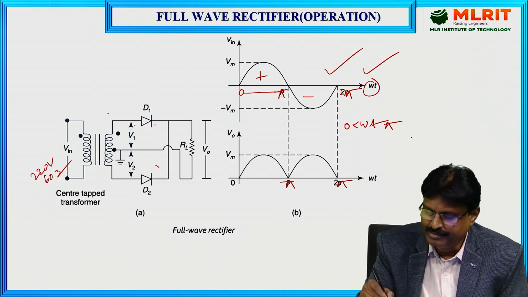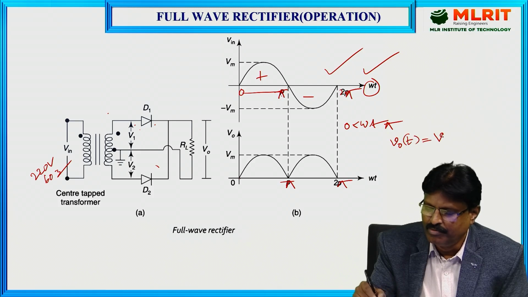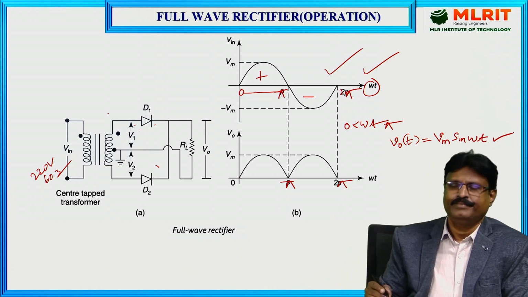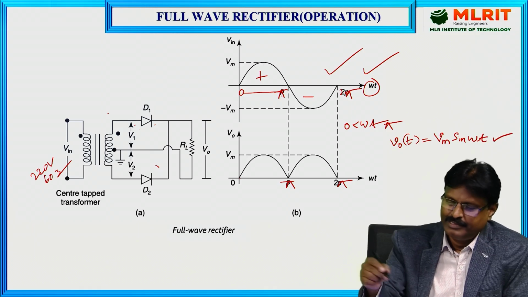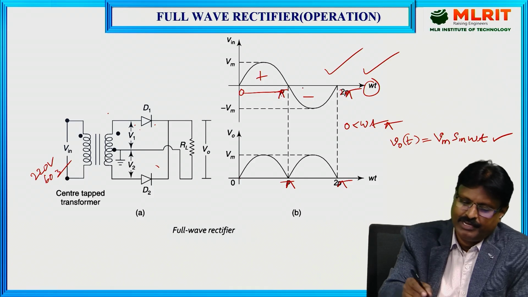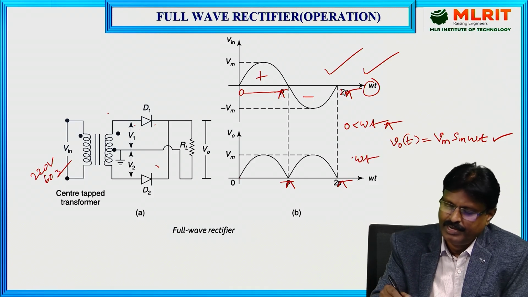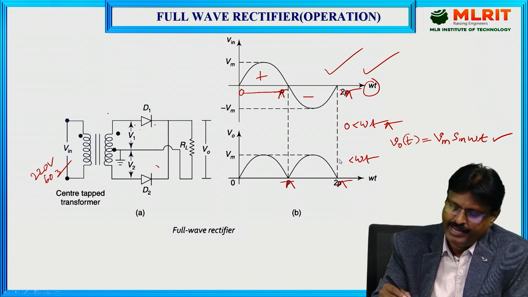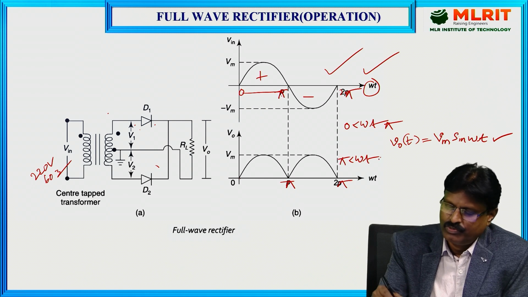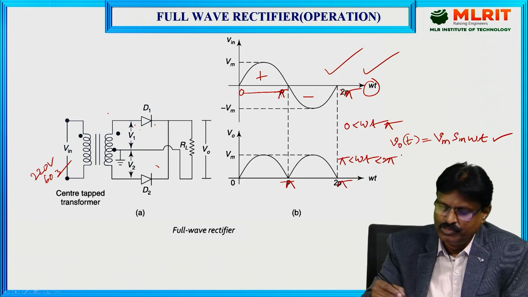So I am writing the output voltage equation like this: V0 of t is equal to Vm sin omega t. Similarly, in the second half cycle, the negative half cycle, whenever omega t is in between pi to 2 pi, the same voltage is developed.